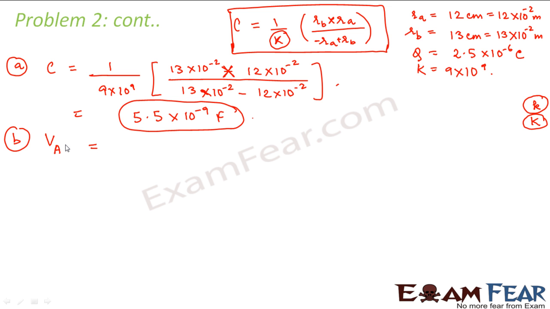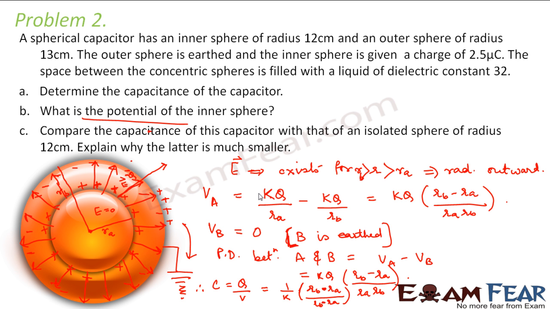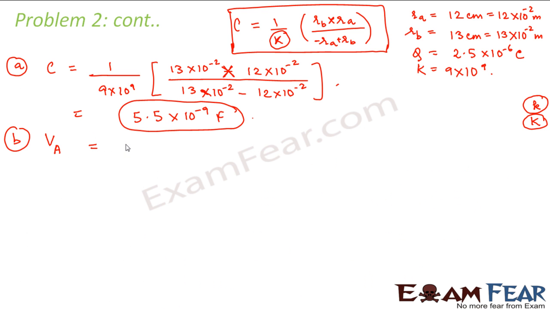We have already calculated this while deriving the capacitance. This was the value of the potential of the inner sphere, that is KQ into (RB minus RA) divided by RA RB. So this was KQ (RB minus RA) divided by RB into RA. So again we have all the values.